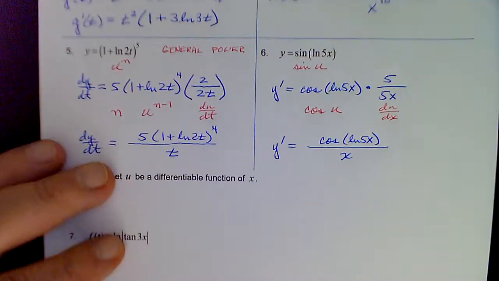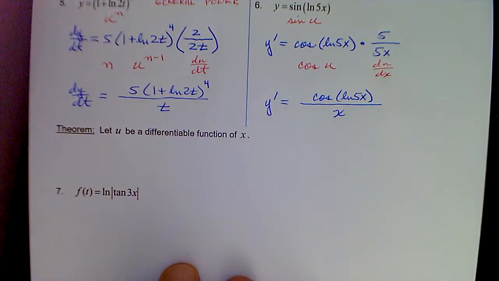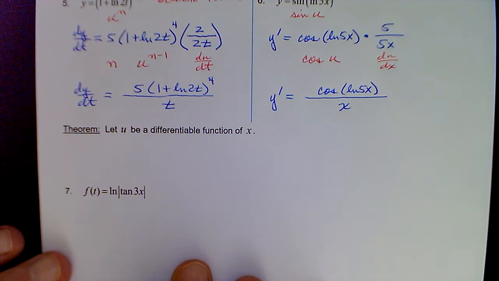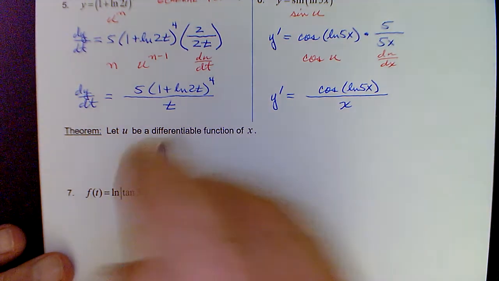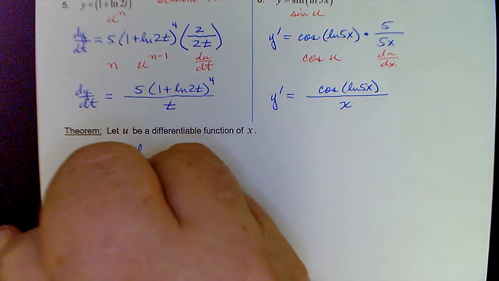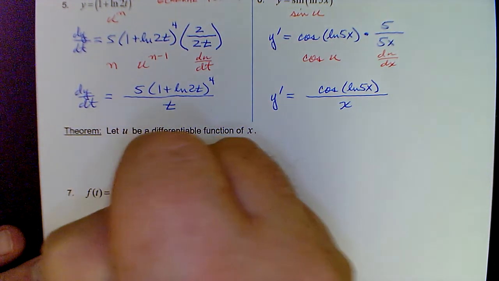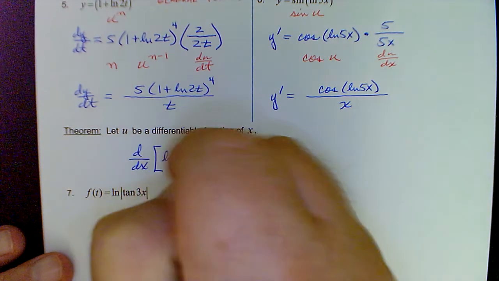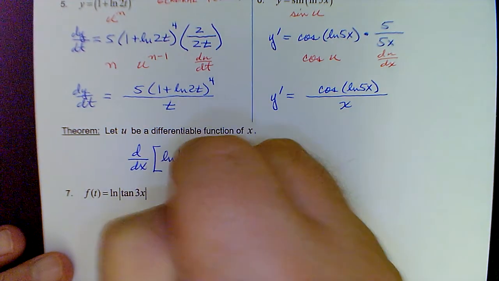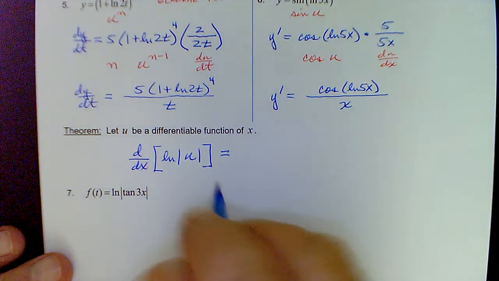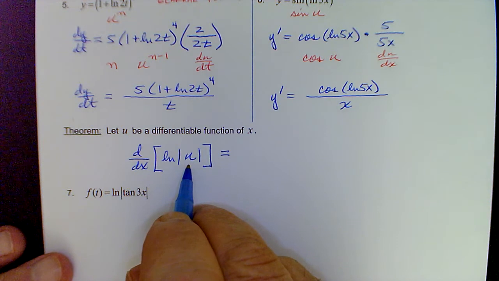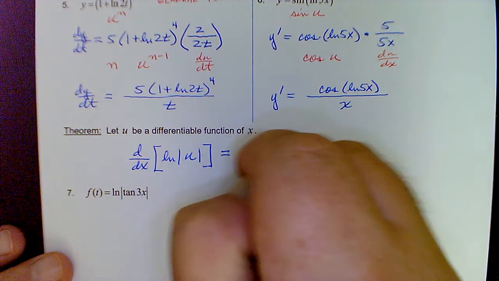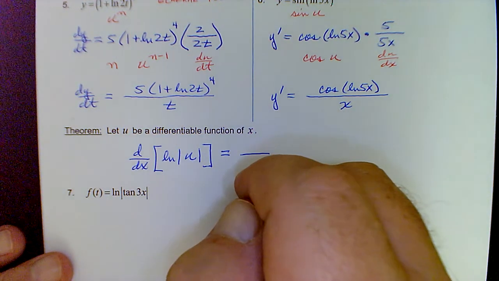Okay, a special property here, one you really don't need to worry too much about, but needs to be stated, is a theorem for the derivative with respect to x of the natural log of the absolute value of u. Turns out you really don't need to worry about the absolute values. It's the same formula as the natural log of u.